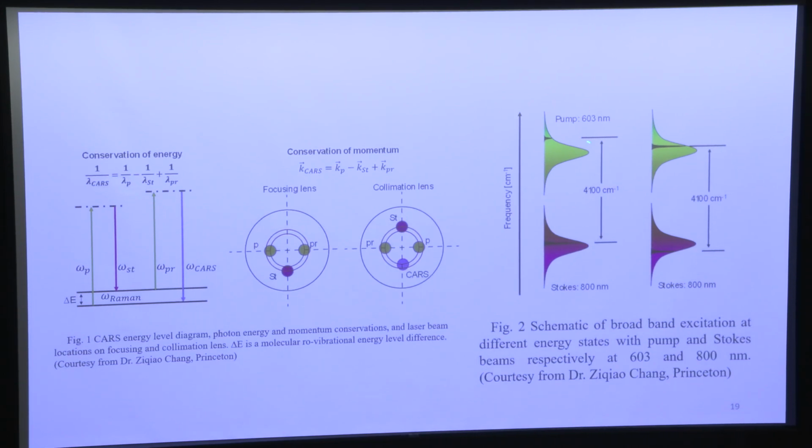Using this broadband laser, you can pump the molecule to an excited state, and then using a Stokes laser, you can measure the signal from that excited state to the lower state. At the same time, the same laser beam can also excite another vibrational state with the same wavelengths. Therefore, you can detect the signal of many vibrational states at the same time using this CARS measurement.